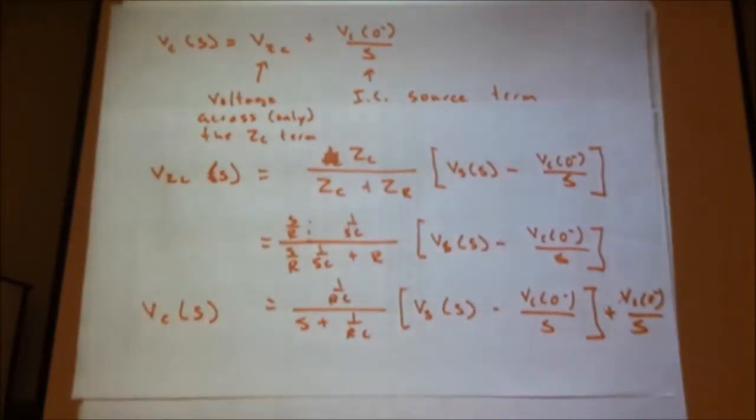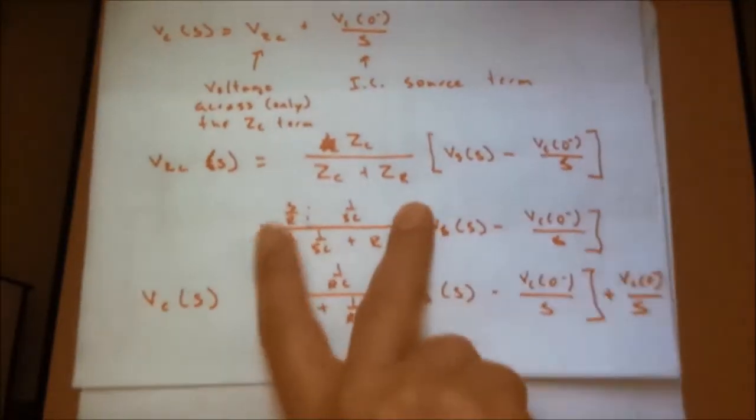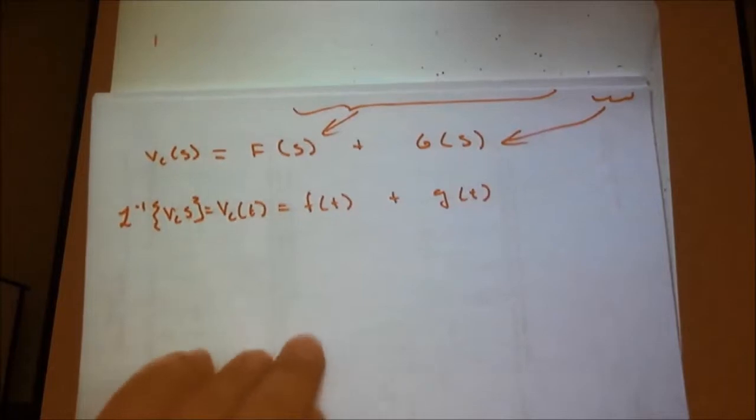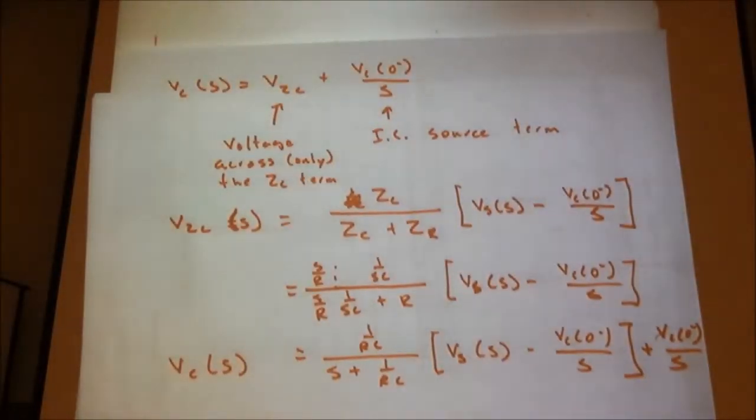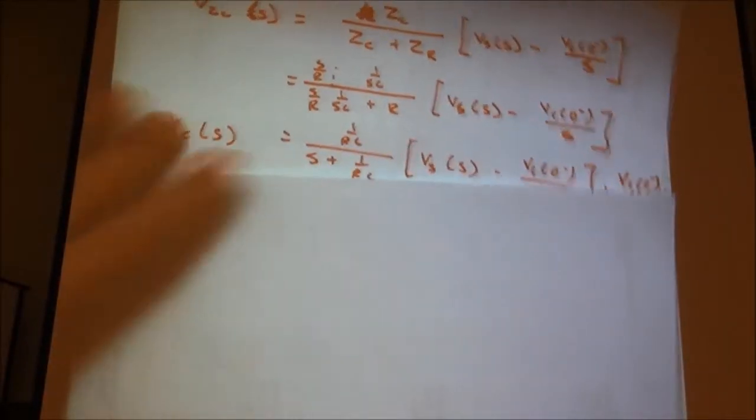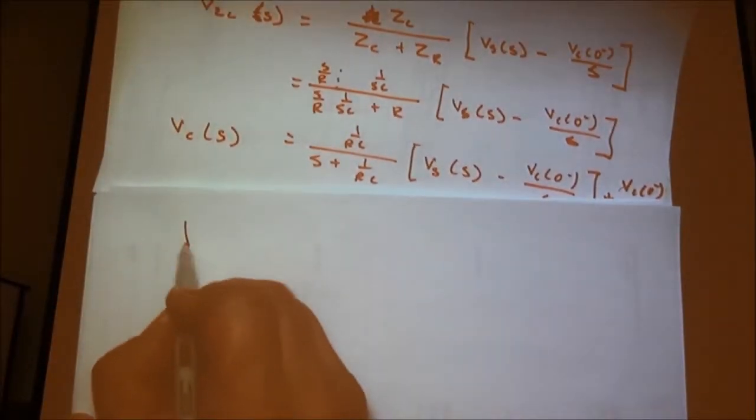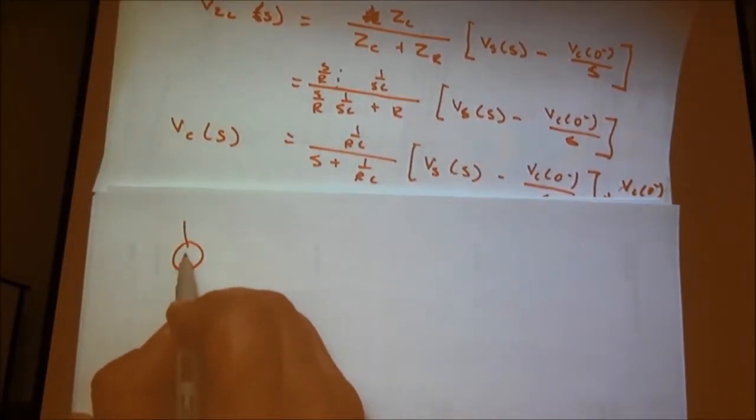So, let's look at a couple examples here for a second. Some of these things we can do by inspection. In the first order circuit, Laplace is not any better. Arguably, you could say it's a little bit more tedious than doing it with a differential equation, but that's all right.